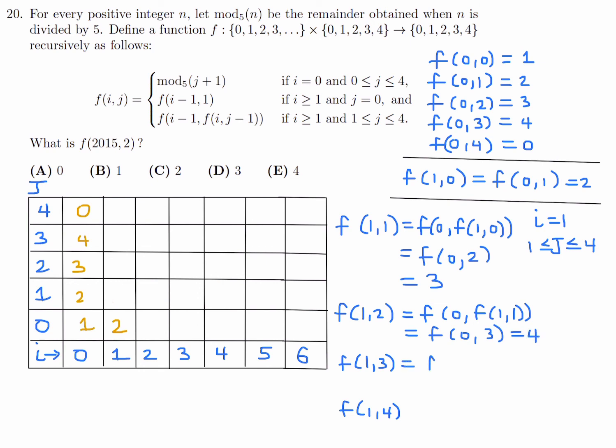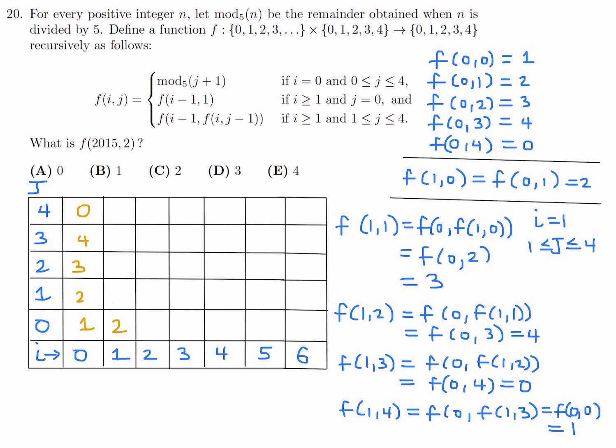The next one, (1, 3), is f at 0, f at (1, 2), which is f at (0, 4), which is 0. And the next one is f at 0, f at (1, 3), which is f at (0, 0), which is 1. So go back and fill in the table. I've got to put 3, 4, 0, and 1.